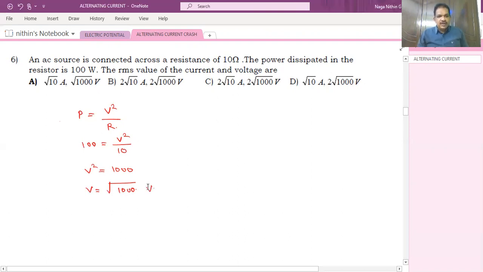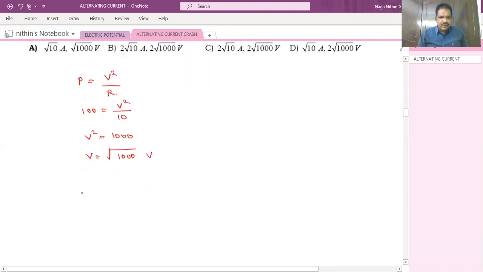One more thing they are asking, what is the current? P is equal to V into I. P value is how much? 100. V value how much? Root 1000 means 10 root 10, into I. 0, 0 will cancel. 10 by root 10, this is.